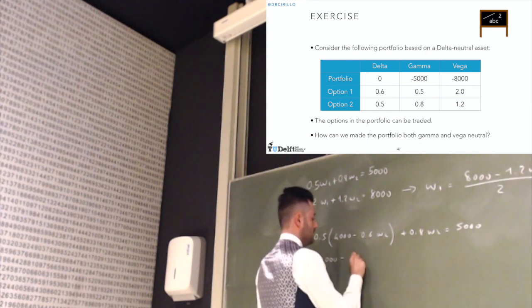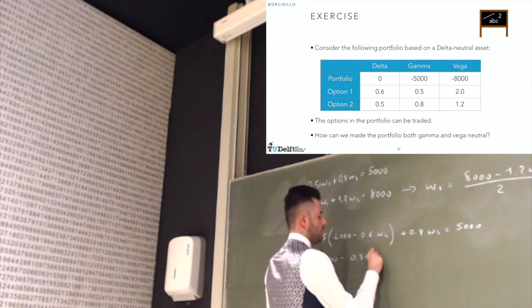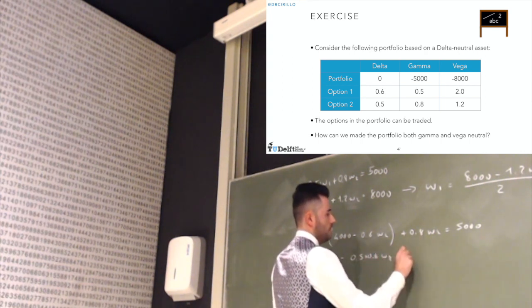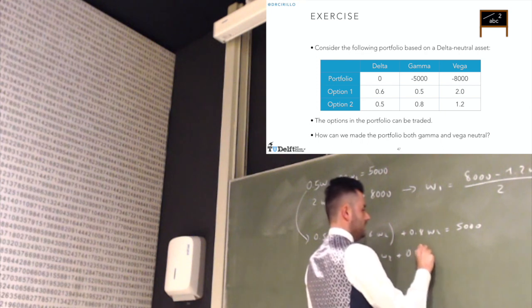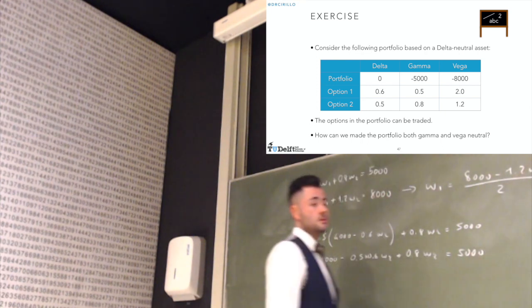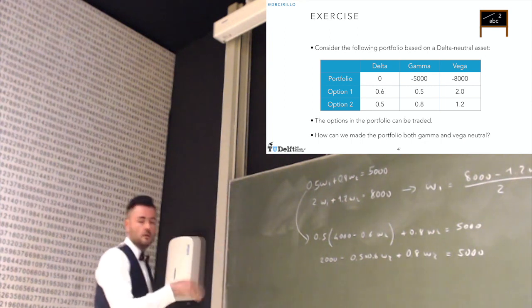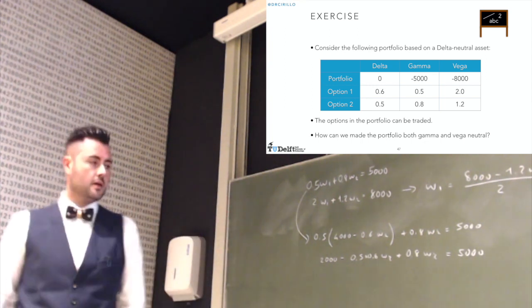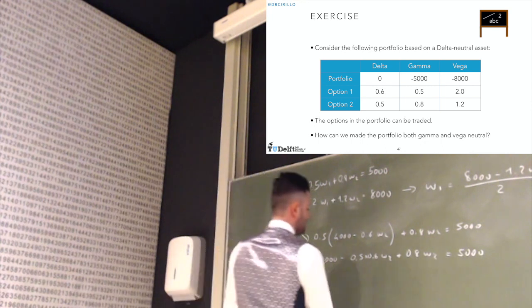I keep on going, so this is equal to 2,000 minus 0.5 times 0.6 W2 plus 0.8 W2 equal to 5,000. Okay? I keep on going, making my computations.